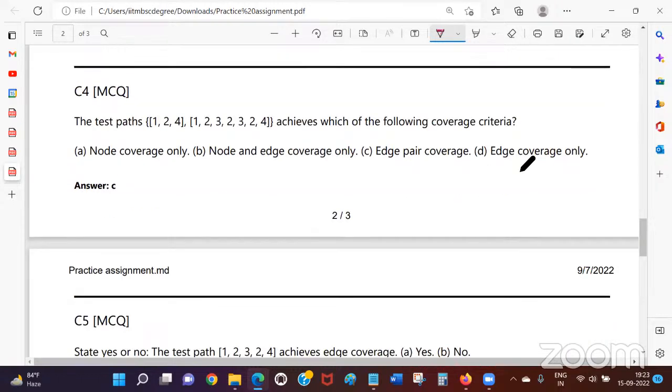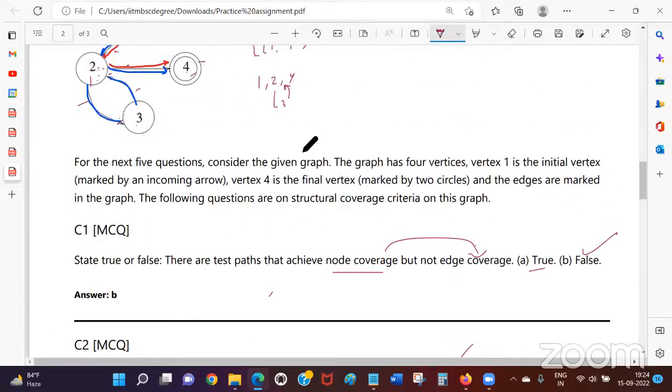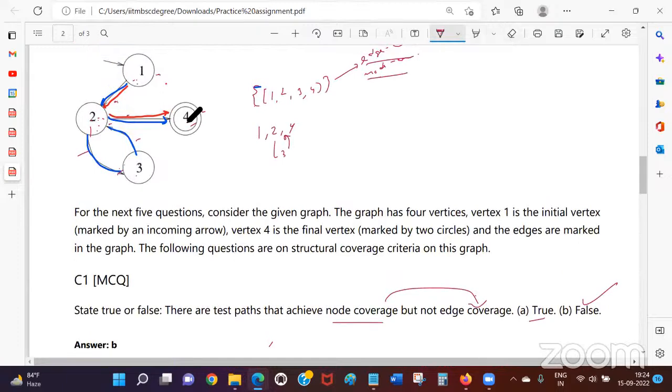Test path 1, 2, 4, 1, 2, 3, 2, 3, 2, 4 achieves which of the following criteria? Node criteria it will automatically achieve, because we have seen 1, 2, 3, 2, 3, 2, 4. Let me clear up the graph so that we can draw the path.